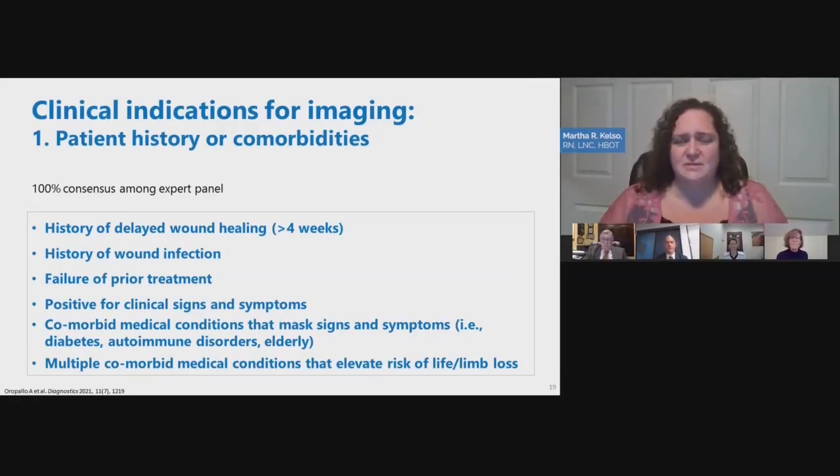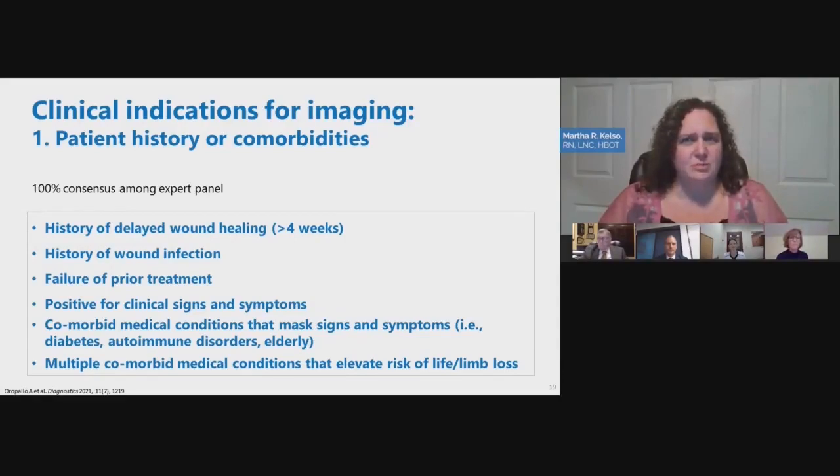The positive clinical signs and symptoms of infection: if there's erythema around the wound, peri-wound that's spreading, if there's increased friability, pain, any of those clinical signs and symptoms, we want to take out our MolecuLight and see if there is 10 to the 4th power of bacteria or bacterial burden in the wound.